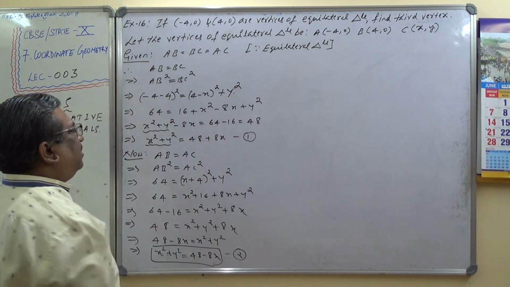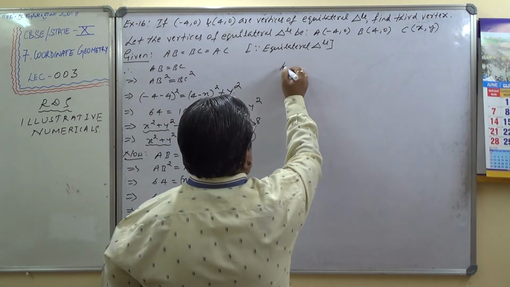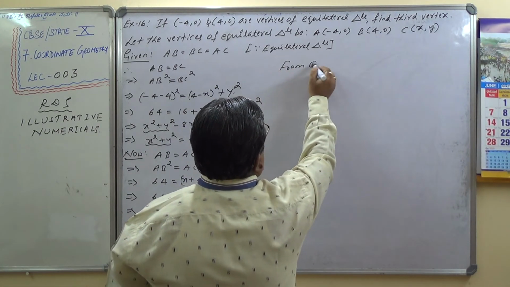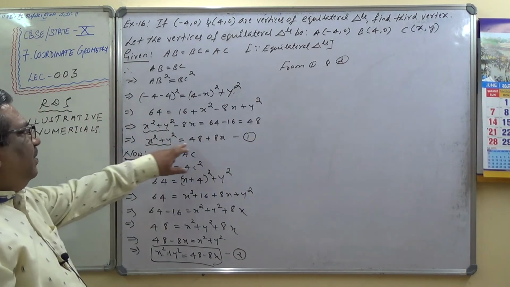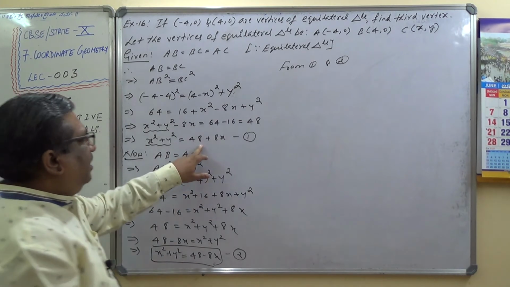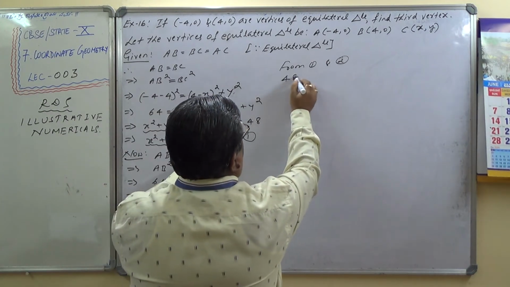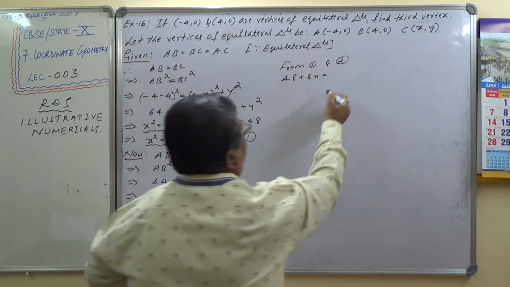So what can I conclude from 1 and 2? Both should be equal. From 1 and 2, x square plus y square is equal to this, x square plus y square is equal to this, meaning 48 plus 8x is equal to 48 minus 8x.